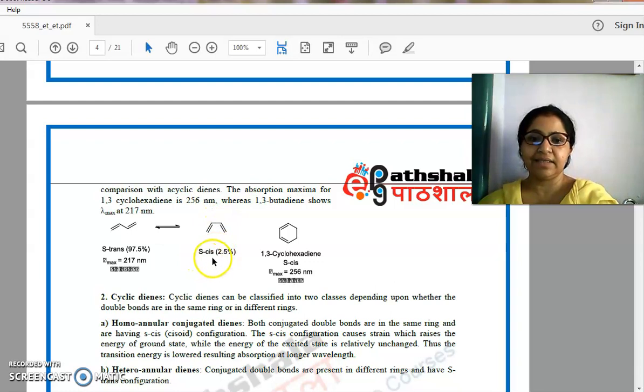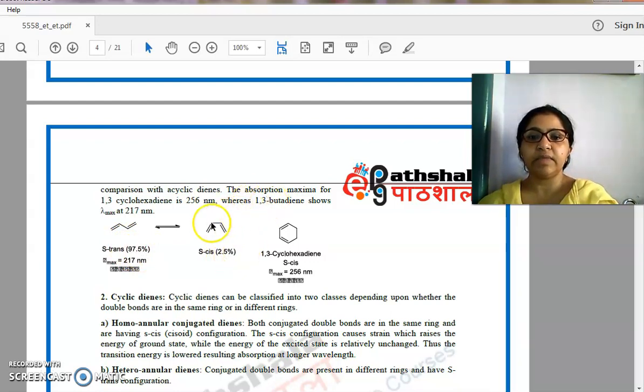This is what S-trans and S-cis are. If there is a single bond, it can rotate always, so the double bonds can come to the same side. So it is always in an equilibrium. Here you can understand which will be in the maximum percentage: trans is 97.5% and cis is 2.5%.